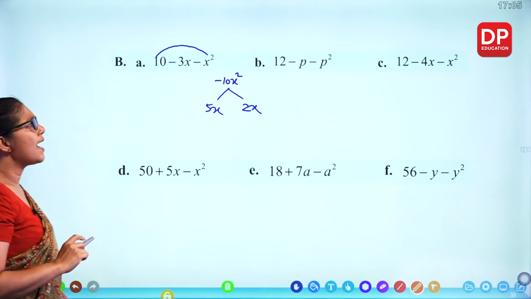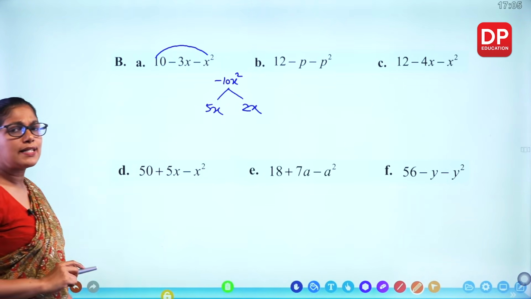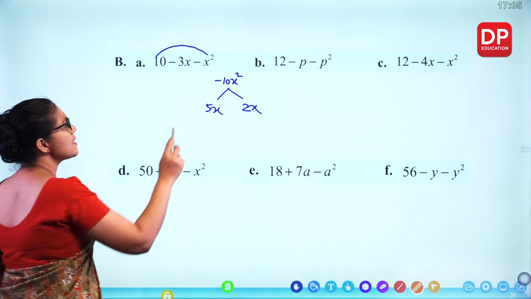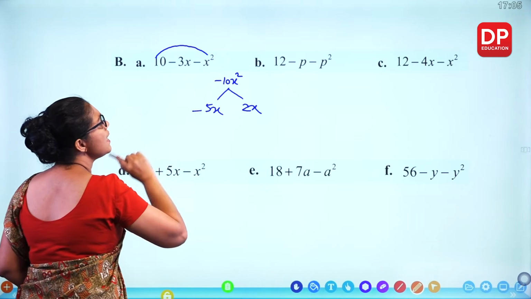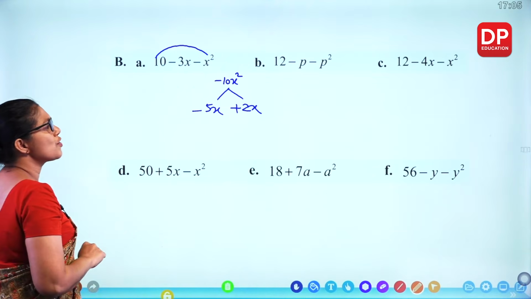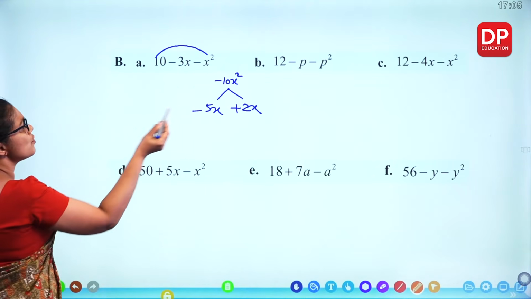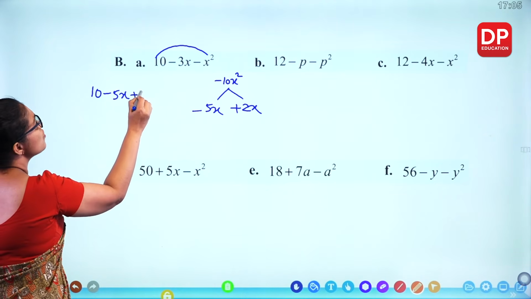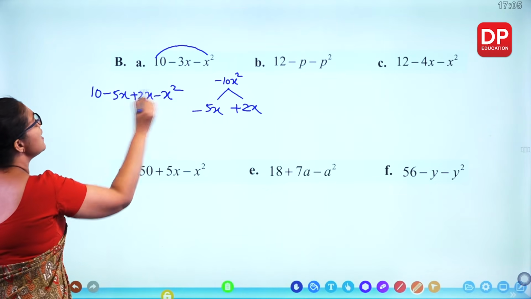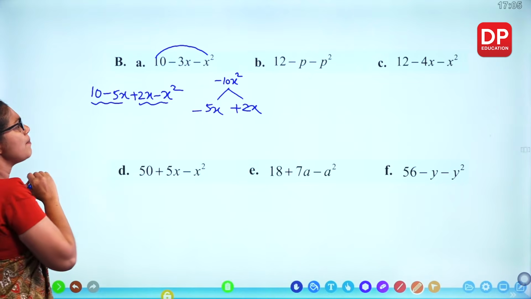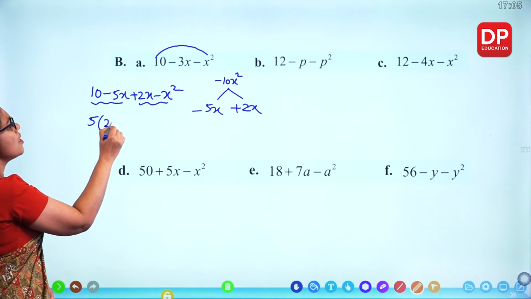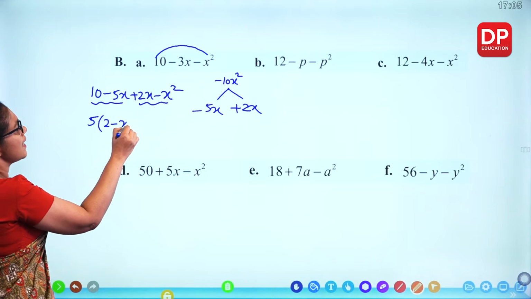How do we decide the sign? The middle term is negative, which means the largest number should be negative and the other one should be positive. Try to split the middle term into minus 5x and 2x, and then take two at a time and try to factorize. 5 is common, take it out, you get 2 minus x.